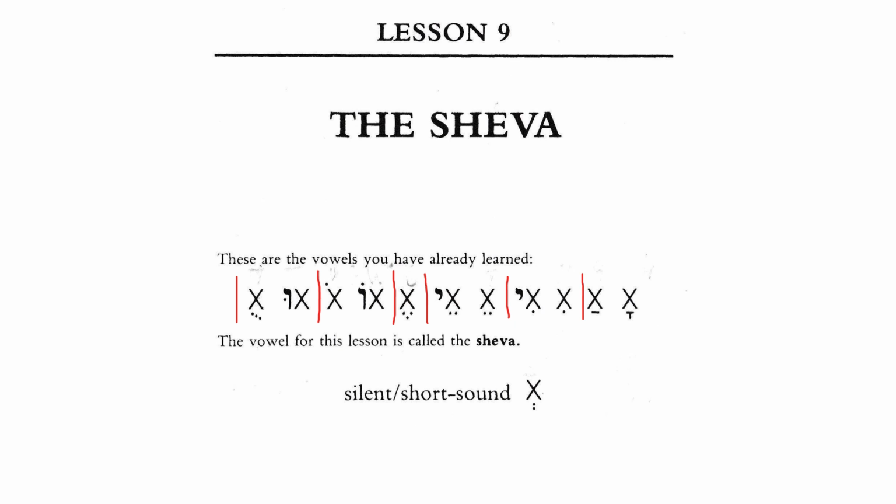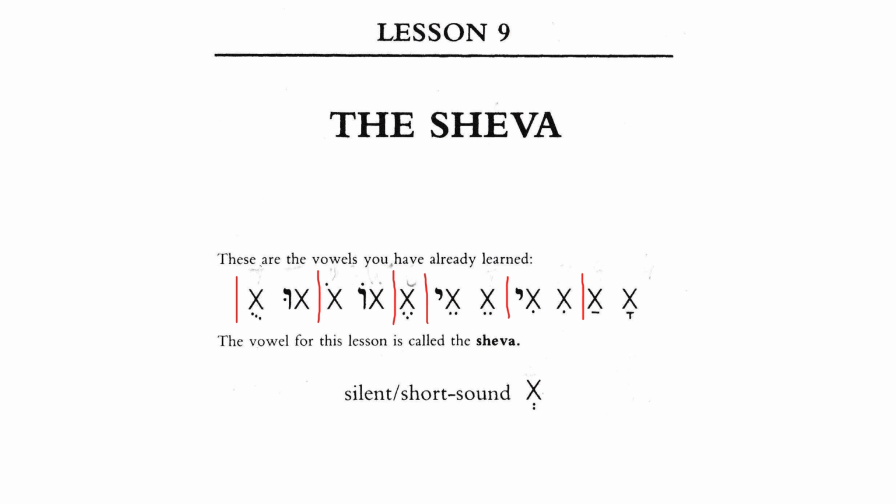We have the o sound, cholem and cholem vav. And we have the u sound, the kibbutz and the shurek. Again, the names are not something you necessarily need to know. The vowel for this lesson, as they say here, is called the Shavah.